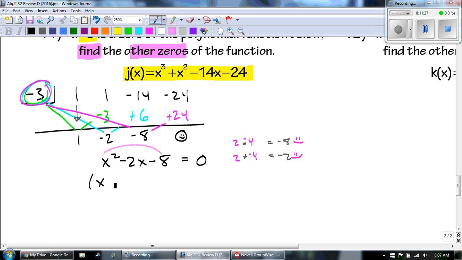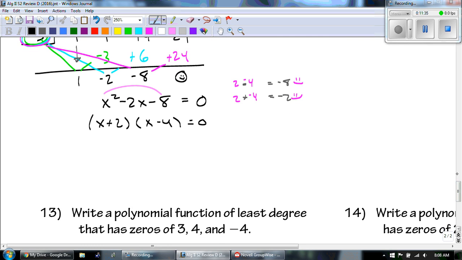So I have x plus 2, x minus 4 equaling 0. And then I set x plus 2 equal to 0, x minus 4 equal to 0 to get my answers of -2 and +4.